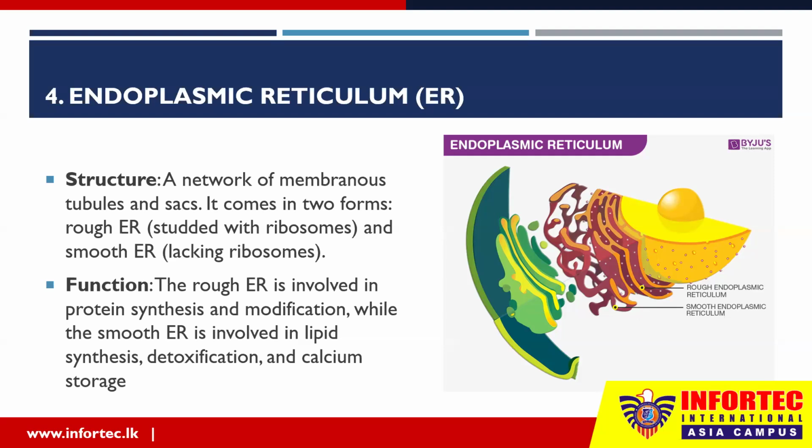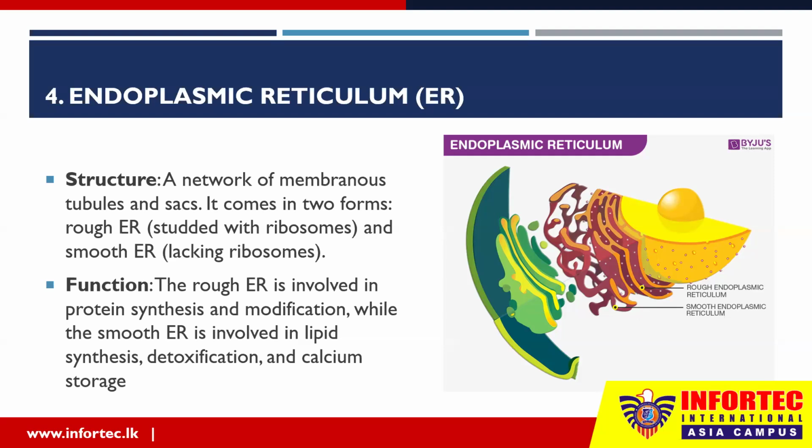If the ribosome is connected to the endoplasmic reticulum, we call it rough endoplasmic reticulum, simply RER. And if it is not connected with the ribosome, then it is smooth endoplasmic reticulum, which we simply call SER.